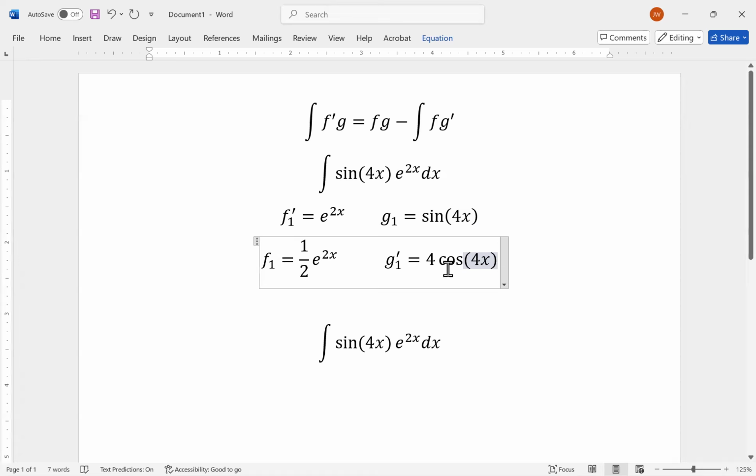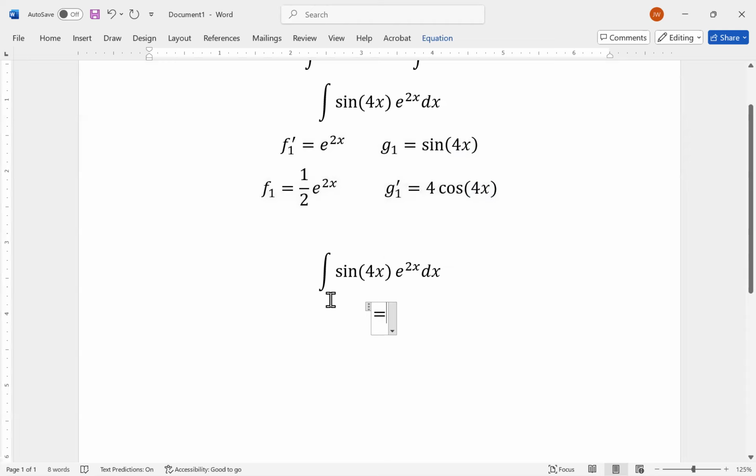I'd rather deal with positives than negatives. If I would have integrated, I would have had to be dealing with a negative cosine. But it doesn't matter. You could have said e to the 2x is your g and sine of 4x is your f prime, and went on your merry way that way as well. So here we go.